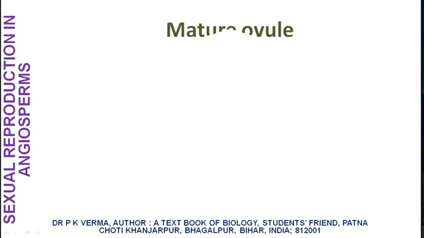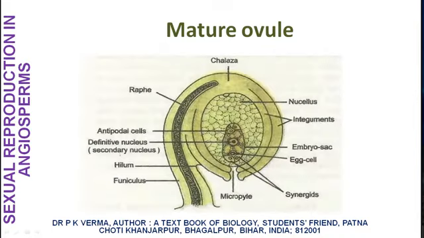Now in a mature ovule, there is an embryo sac that has developed from the functional megaspore. It has 3 antipodal cells towards the chalaza. There are 3 cells in the egg apparatus near the micropyle, but only one is the ovum. 2 other cells are called synergid cells.